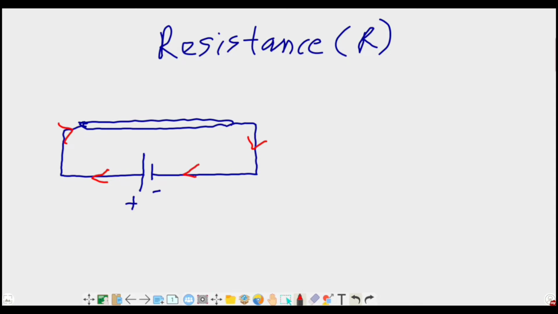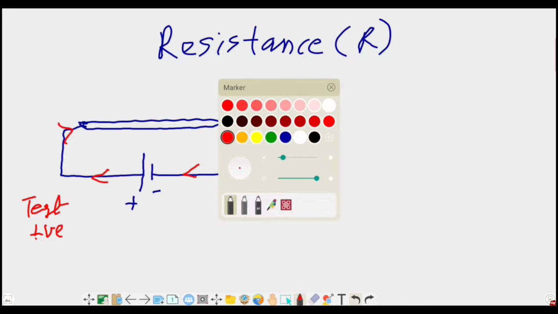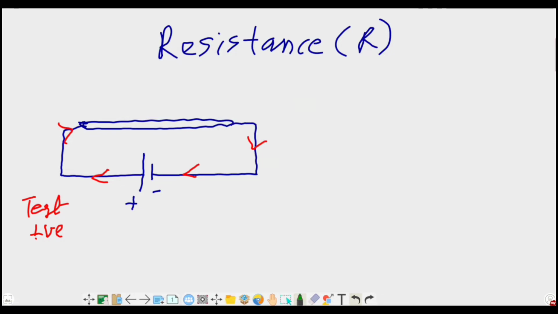Why? Can you guess? This indicates the positive test charge. But the actual flow of electrons is exactly the reverse of this. Actually, the flow of electrons is in this way. Because of that, the positive charge will move in the reverse direction.